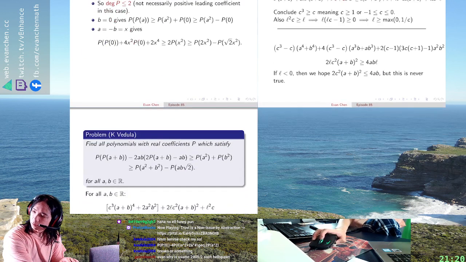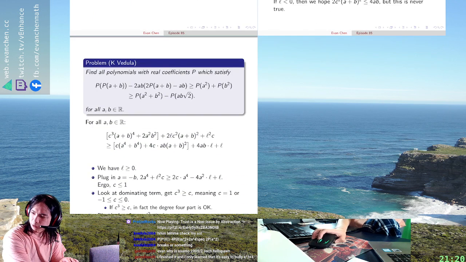Are you telling me this is you're plugging in A equals minus B, right? And this tells you blah blah blah. And C is equal to 1, so these cancel. Oh, wait, is there a degree 2 term here? Frick.